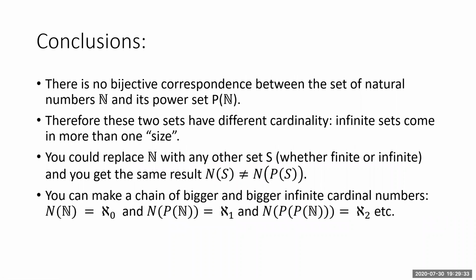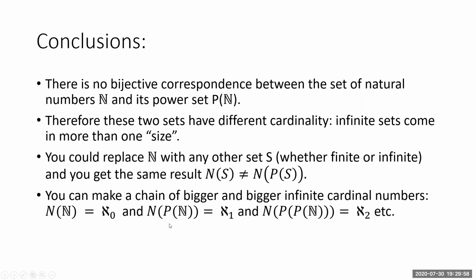So why does it matter? What's the conclusion? These two sets are two different kinds of infinity. You could replace the natural numbers with any other set S, and you can do the same argument. There's not any set that has the same cardinality as its power set. And that means you can make a chain.